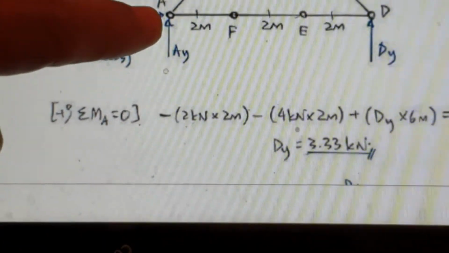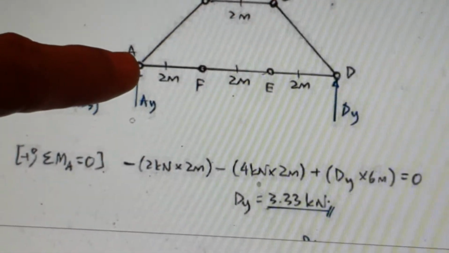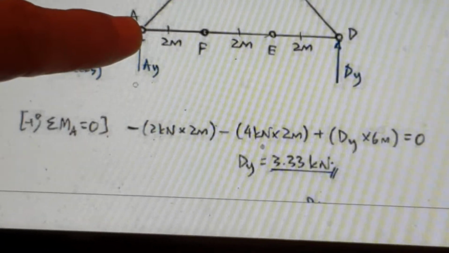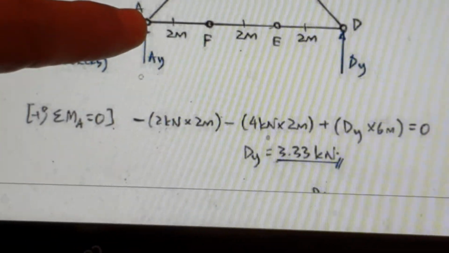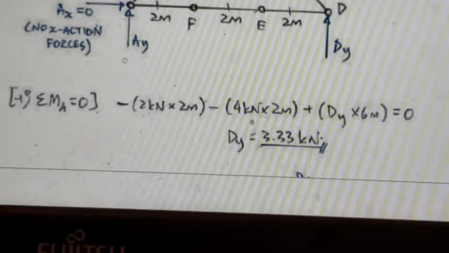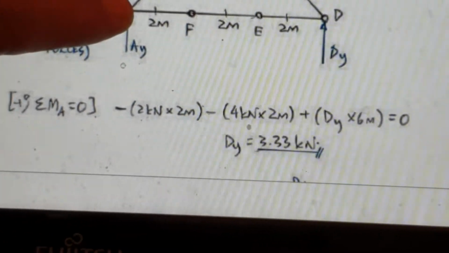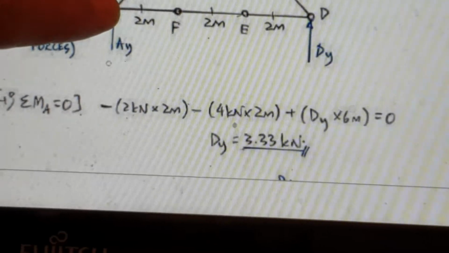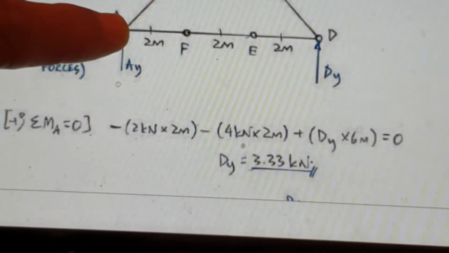So minus 4 times what? Summation moment at A equal to 0. So minus 2 times 2 and minus 4 times 4.